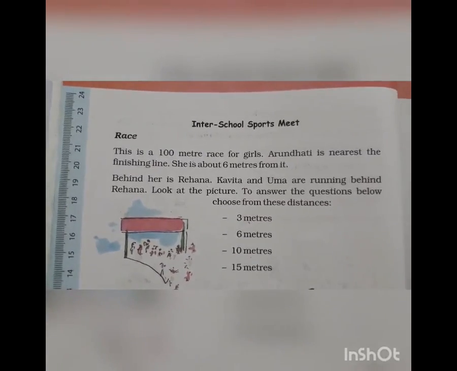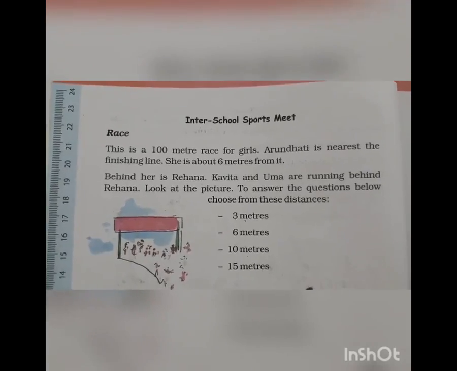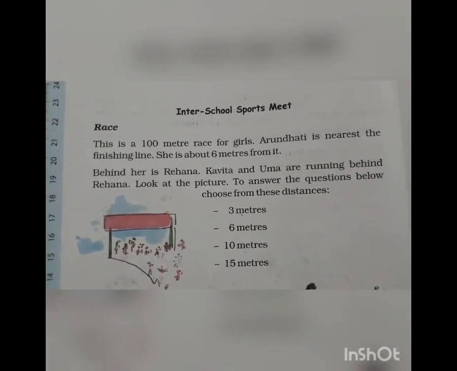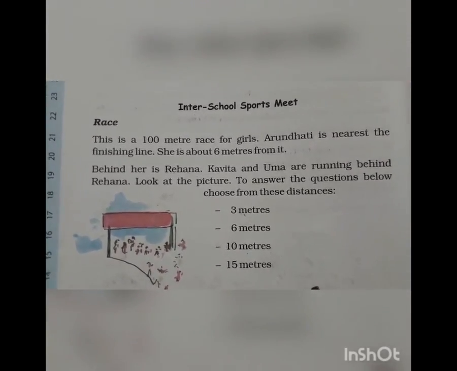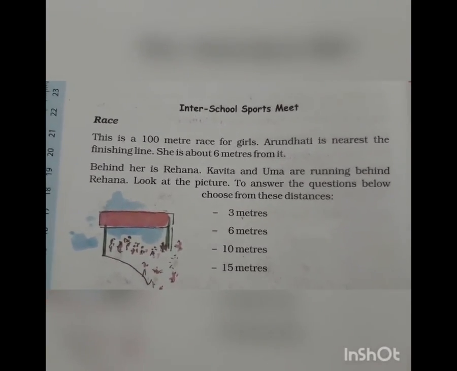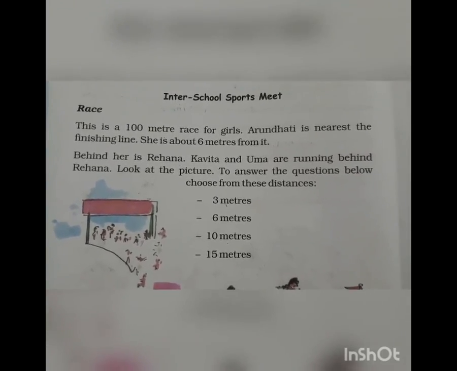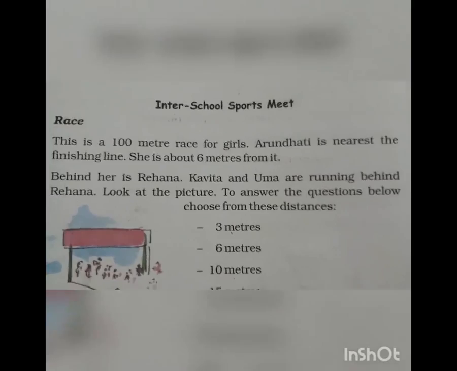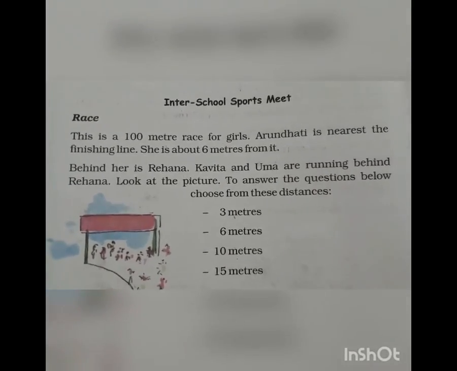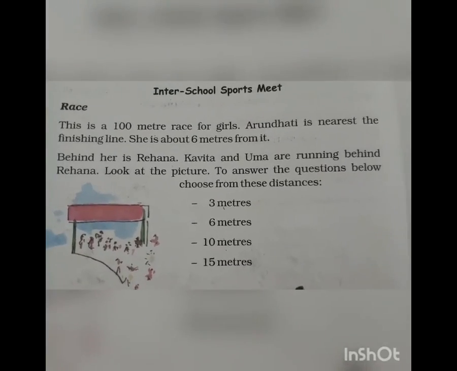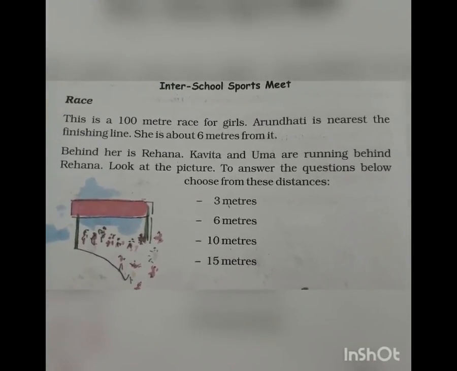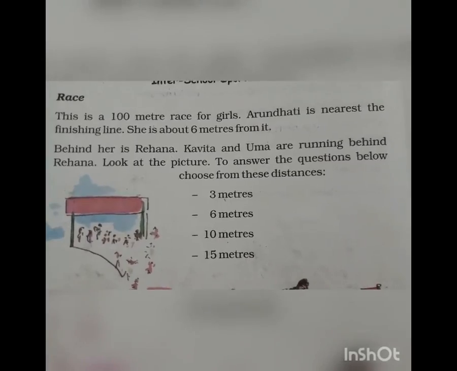Inter-school sports meet, race. This is a 100 meters race for girls. Arundhati is nearest the finishing line. She is about 6 meters from it. Behind her, Rehana, Kavita, Uma are running behind Rehana.